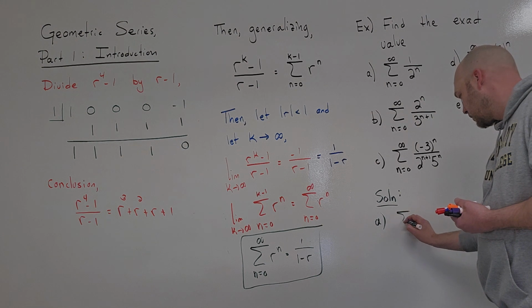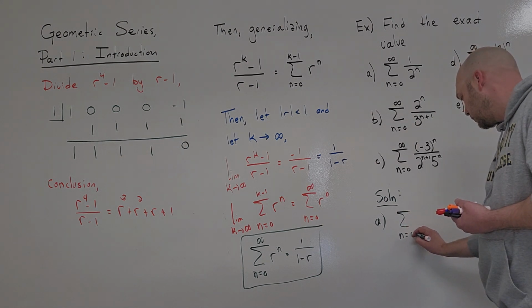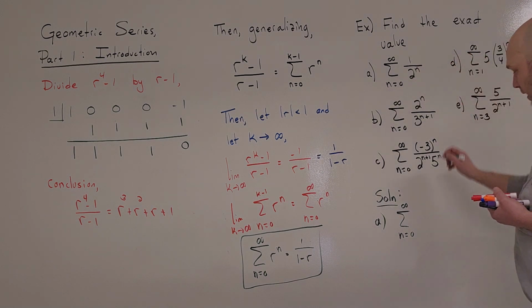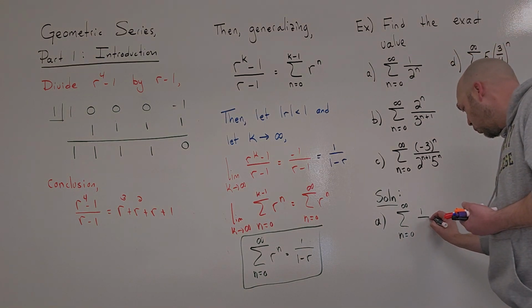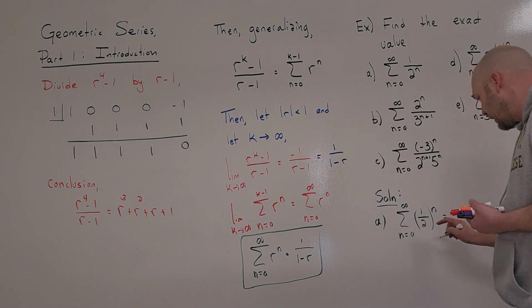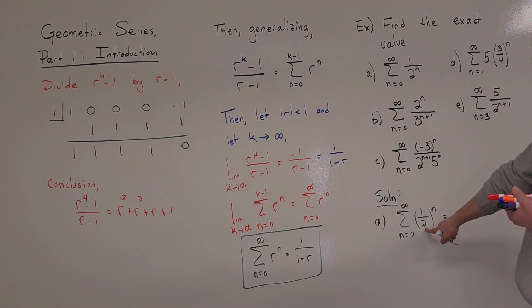I'll write this as the sum, n equals 0 to infinity. 1 is the same thing as 1 to the n, which means I can write this as 1 over 2 to the n. And now I notice that this is my r value.